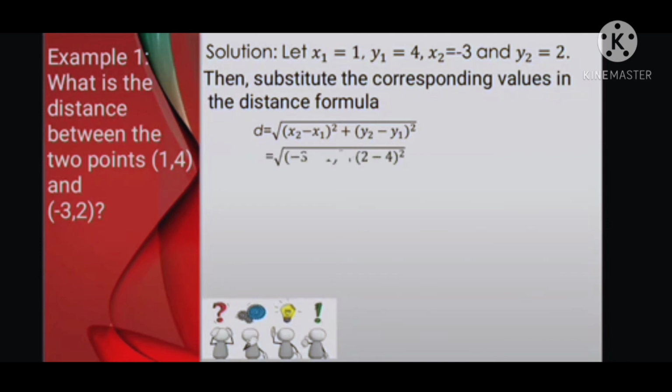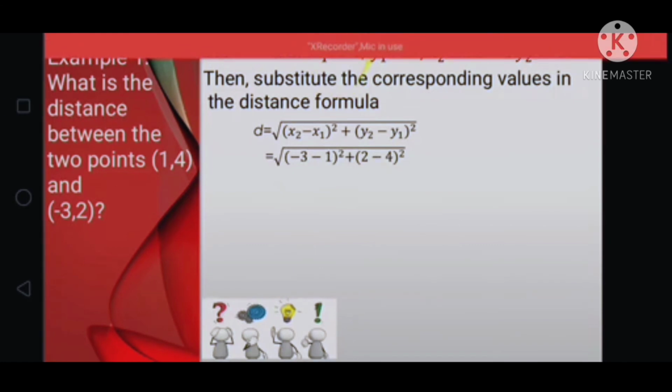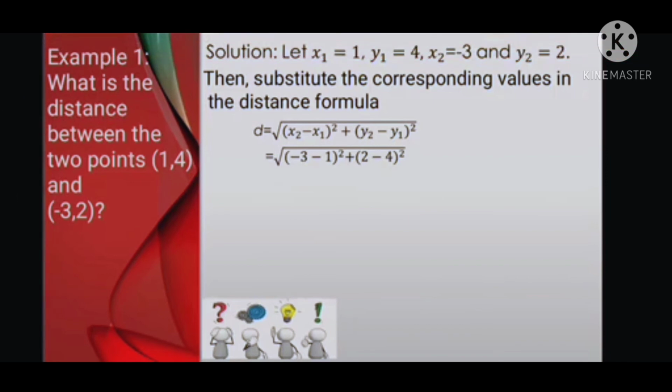We now have d is equal to the square root of our x sub 2 is negative 3, x sub 1 is positive 1, squared, plus our y sub 2 is 2, and our y sub 1 is 4.